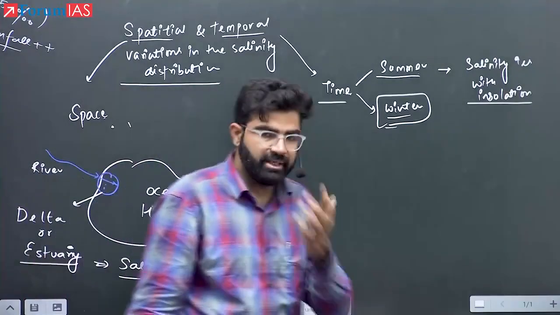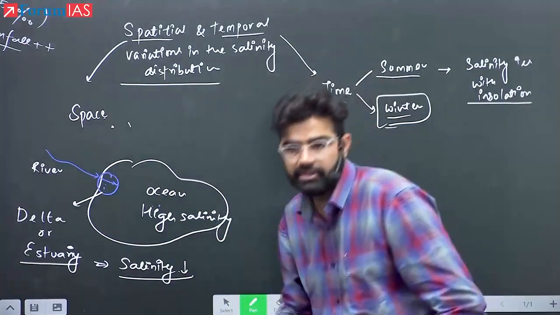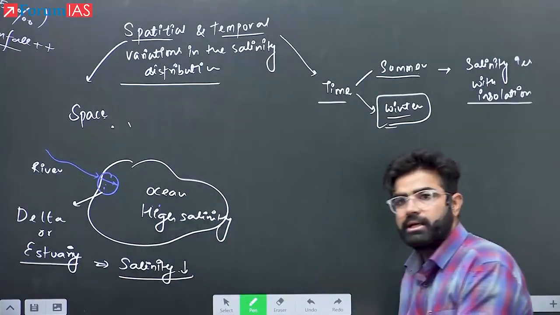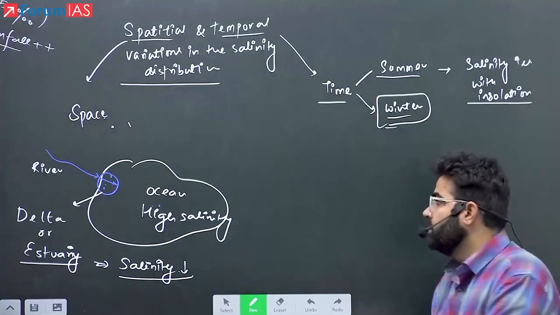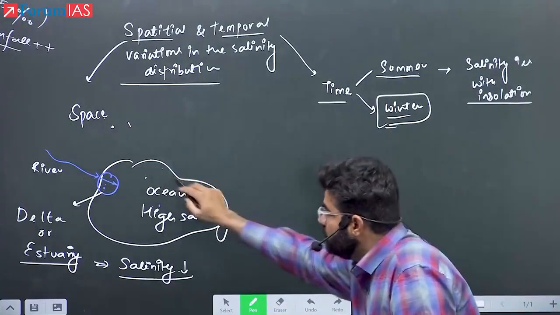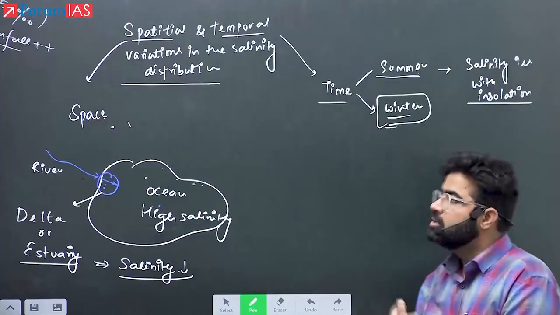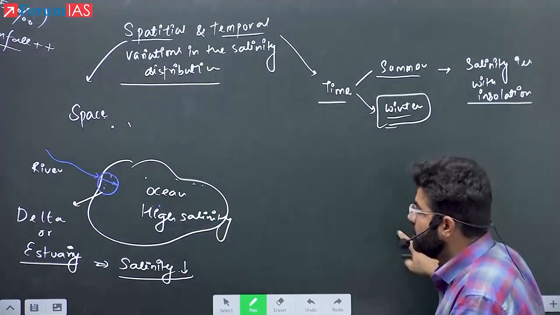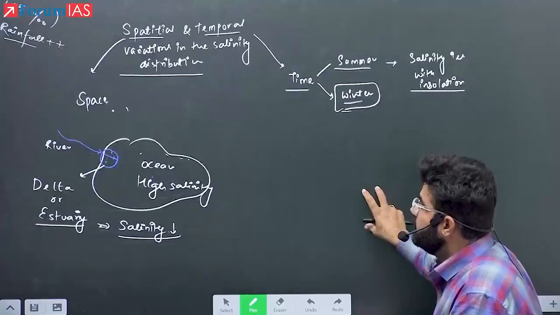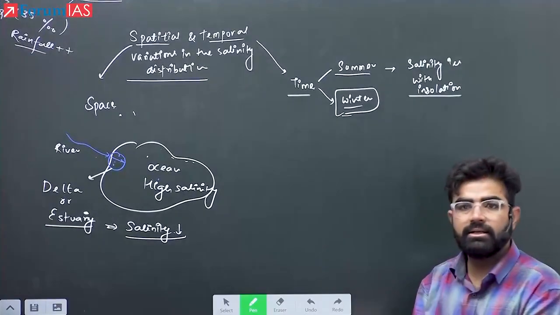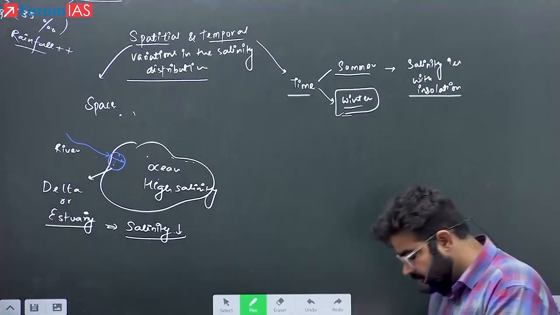So these are space related, meaning location based variation. If it is the location of delta and estuaries, there would be less salinity. If otherwise it is the general location, the salinity will be higher. So there are some variations also based on temporal and the spatial. We can say that salinity will be impacted.